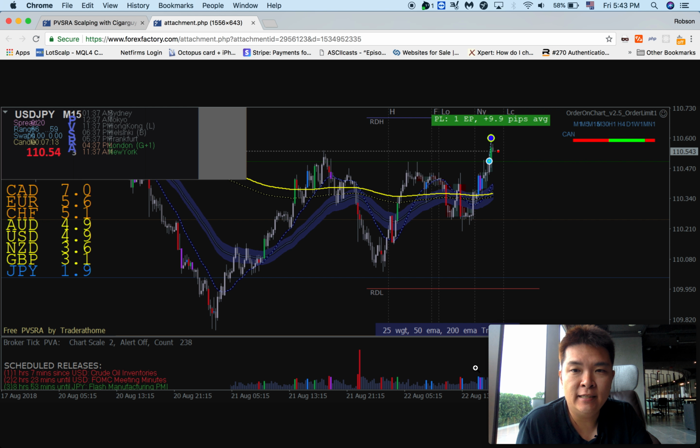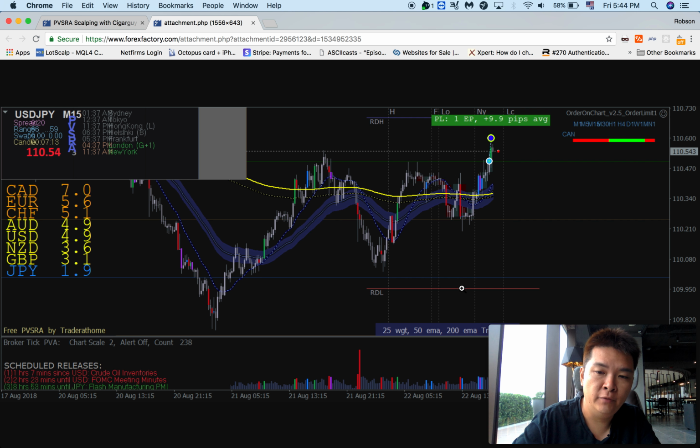So once I spotted that we have 3 candles here with notable volume, is there anything else? Yeah, this is important because all these 3 candles failed to break the 200 EMA. I have my 200 EMA with this dotted yellow line.